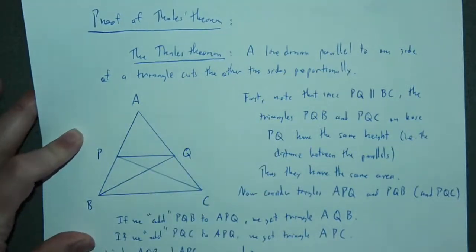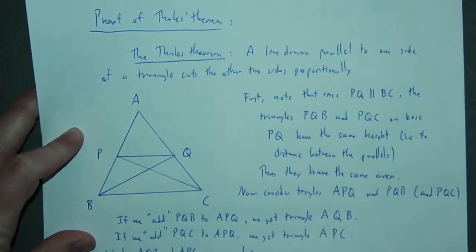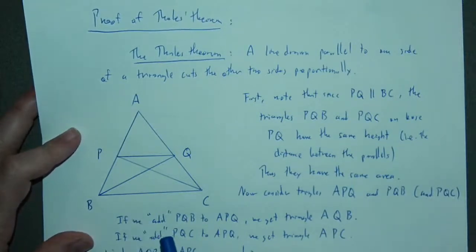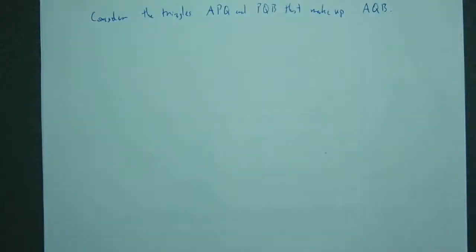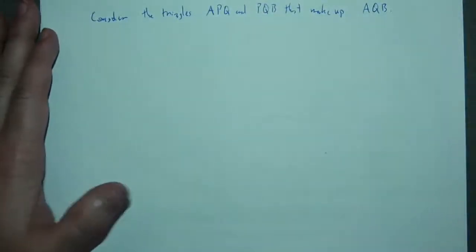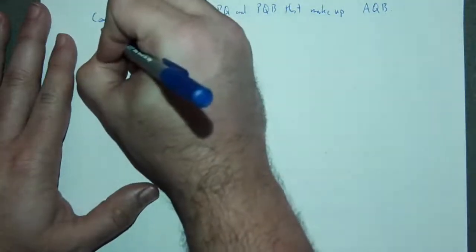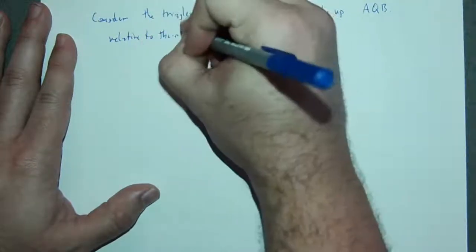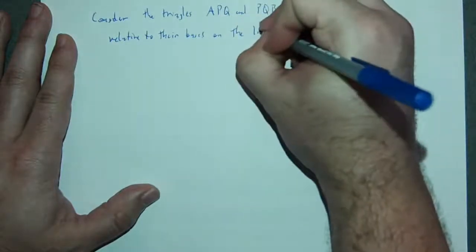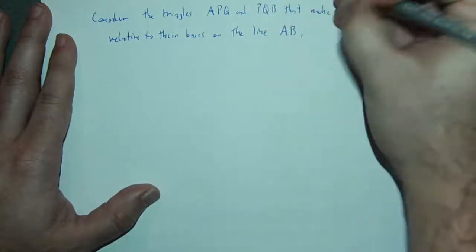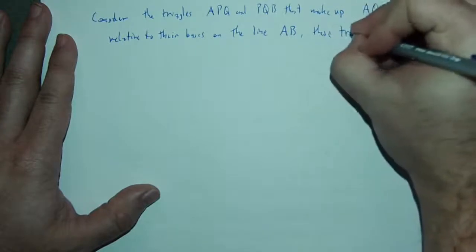Okay. Thus, their bases are in the ratio of their areas. So here's where that statement on proportionality from the formula for area of a triangle comes in. Okay, so let me write that out. So here, relative to their bases on the line AB, these triangles have the same height.